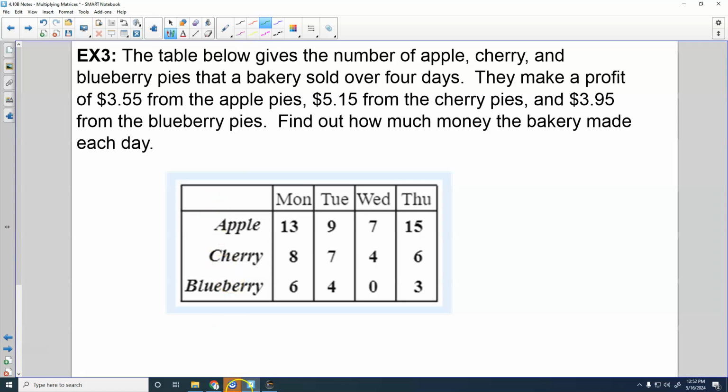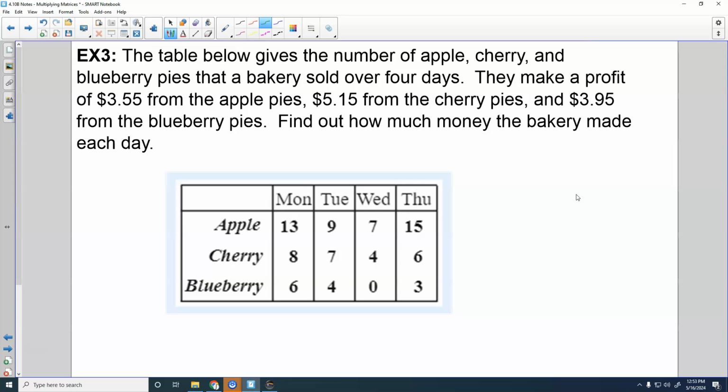So this column would be way longer. And you might be looking at days or you might be looking at stores or something like that. But your columns up here are going to be way bigger and just a lot more data to deal with, all right? So definitely doing this not by hand but by matrices would make a lot more sense if it was a lot larger.